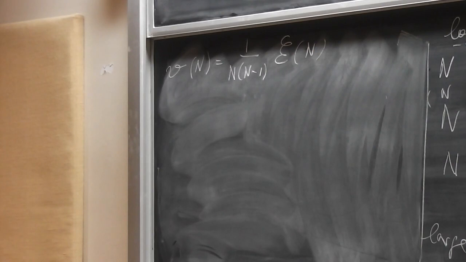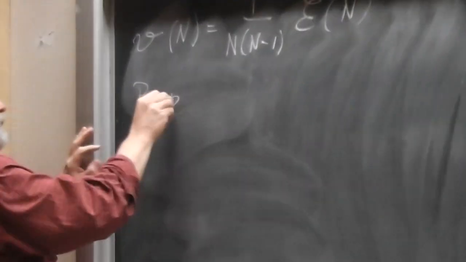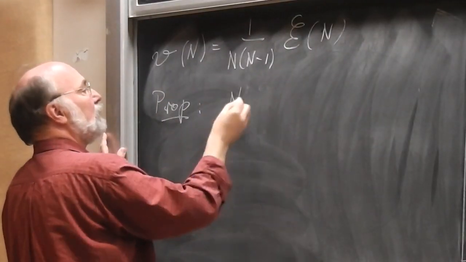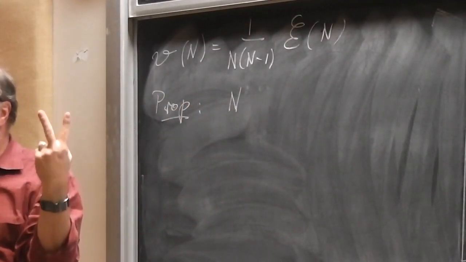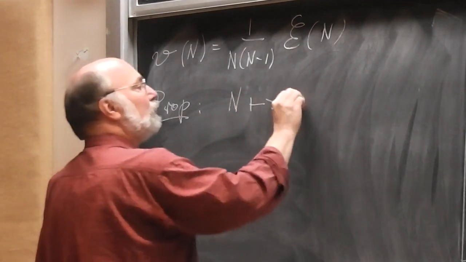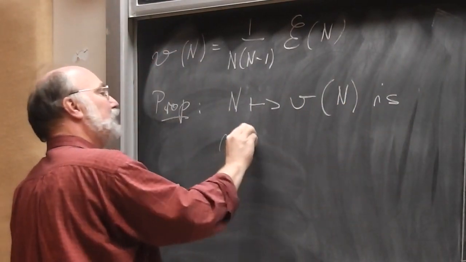And so there's a simple result that the map n into V of n, of course you need at least n equals 2, right? If 1 doesn't work. The map n into V of n is monotonic increasing.